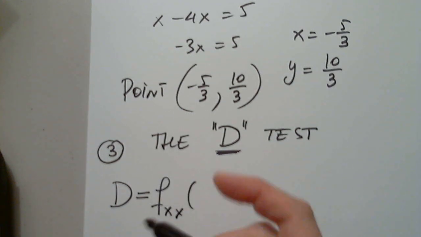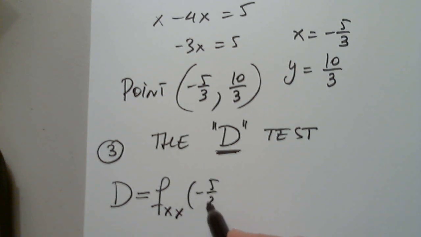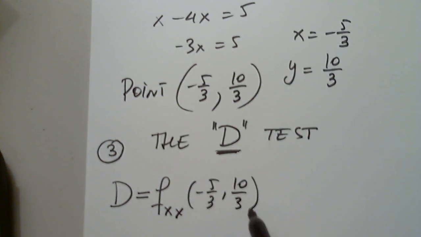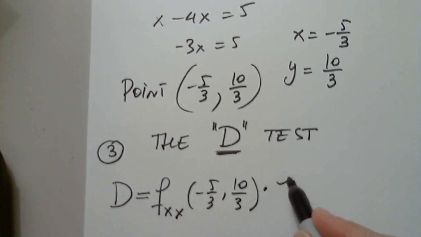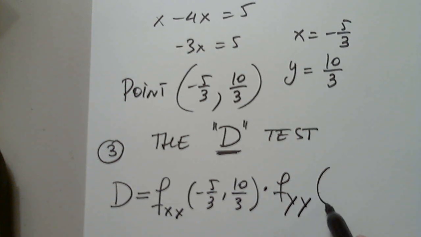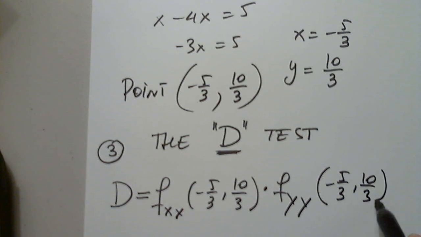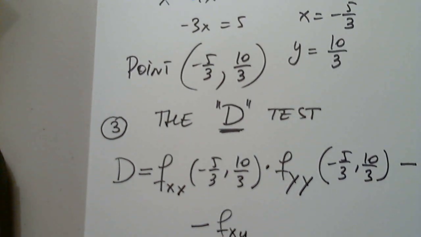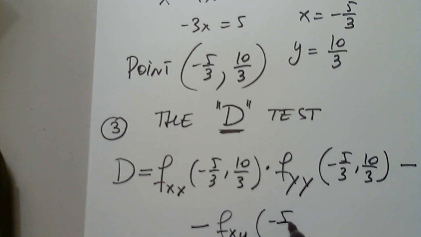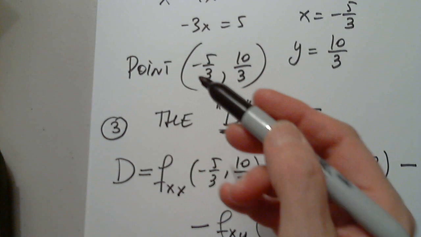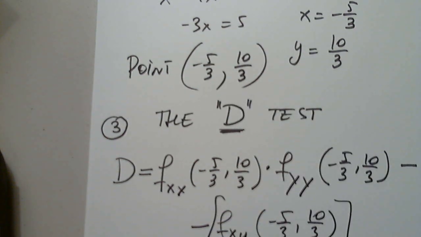Fxx evaluated at negative 5/3, 10/3, times Fyy also evaluated at negative 5/3, 10/3, minus Fxy also evaluated at negative 5/3, 10/3, because that's our discussion. This is the point we are talking about. But all of this has to be squared. And then I'll tell you what happens.